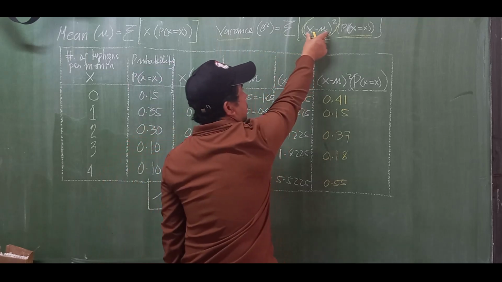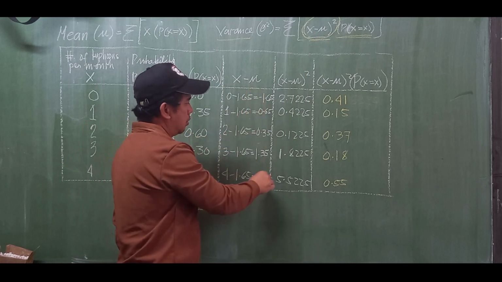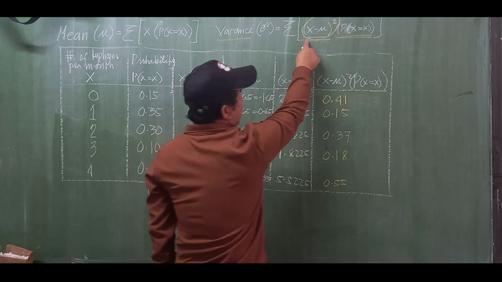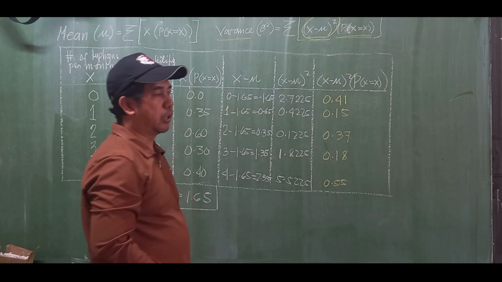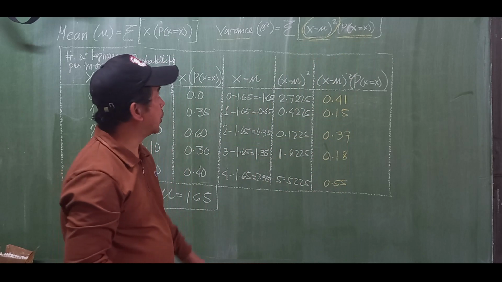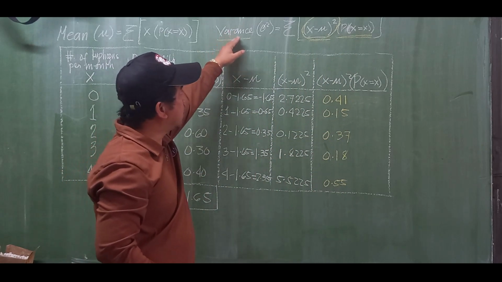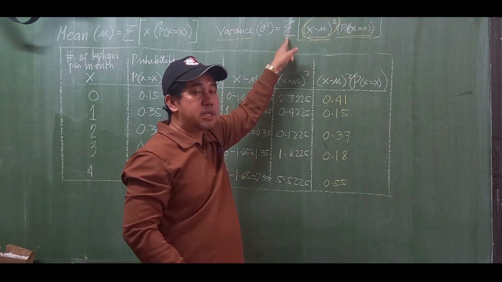We are done with this result, and we are done with multiplying this one. The next thing we are going to do is look into the variance. And what is the variance? It says here that all the results will be summed up.